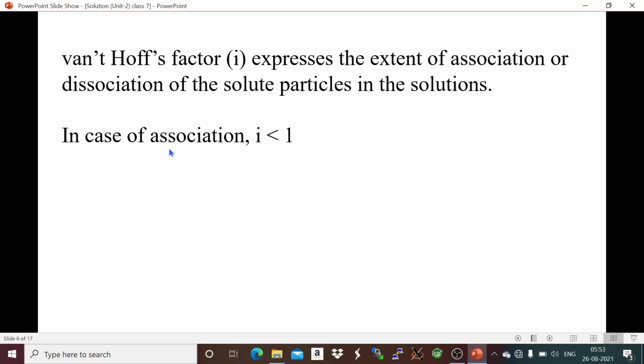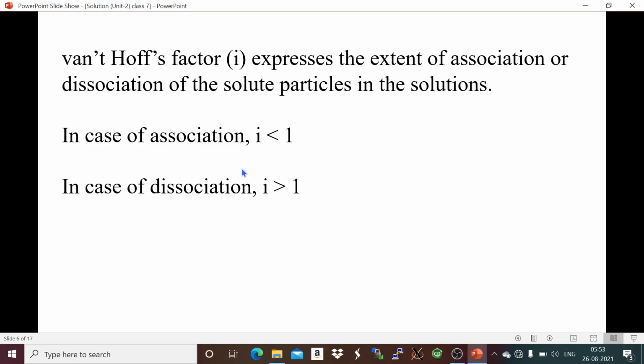In case of association, this i value is less than 1, because i is the number of particles after association or dissociation divided by before. In association the number of particles decreases, so i is automatically less than 1. What happens in dissociation? Again i is the number of particles after dissociation divided by before dissociation.